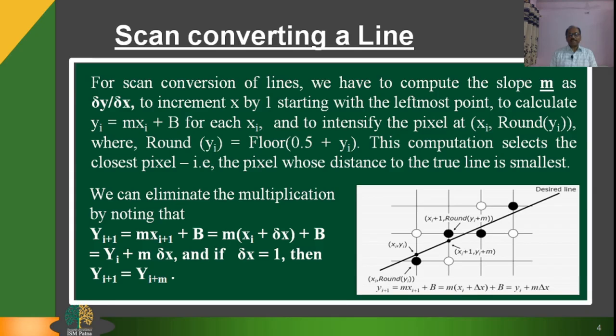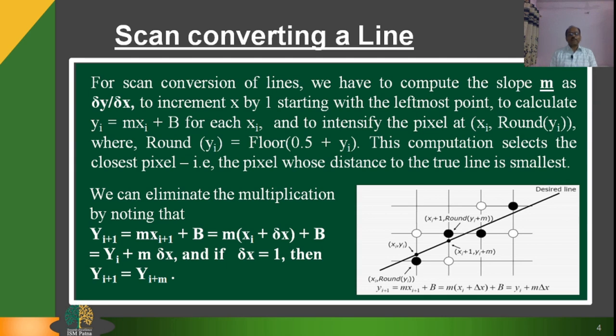This computation selects the closest pixel, that is, the pixel whose distance to the true line is smallest. In this way, we identify the points for a line.